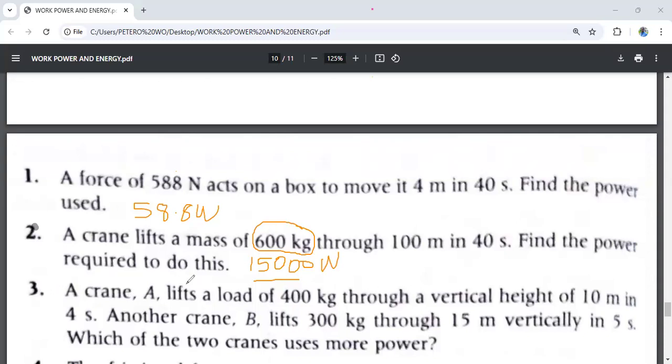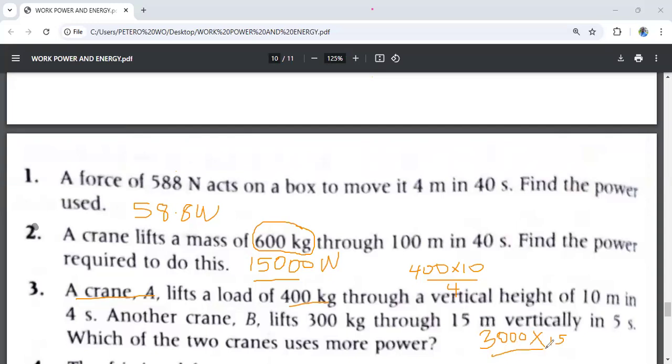Then for number 3, many of us have gone for crane A. Crane A has a force of 400 times 10, which is 4,000. The distance is 10 meters and the time is 4, which gives us 10,000. Then crane B has 3,000 as the force, multiplied by 15.